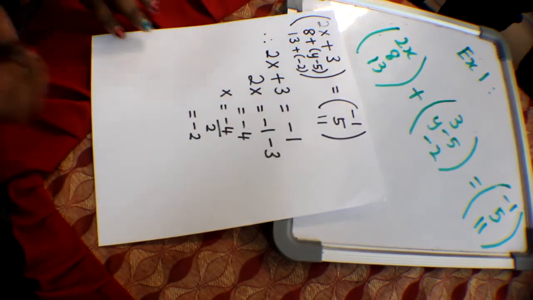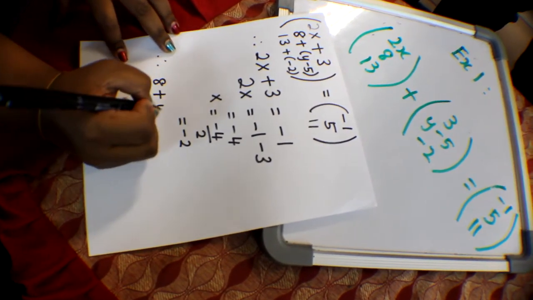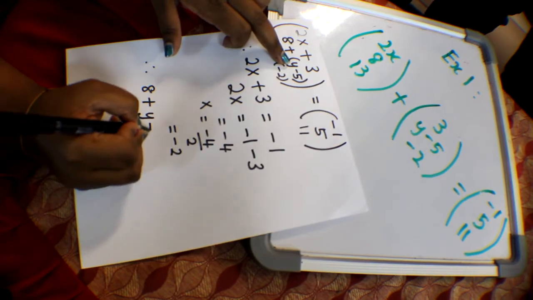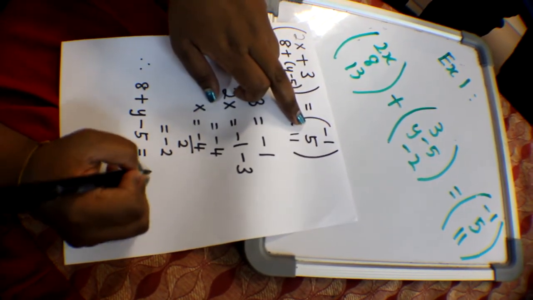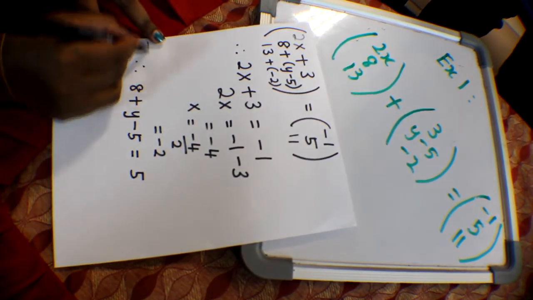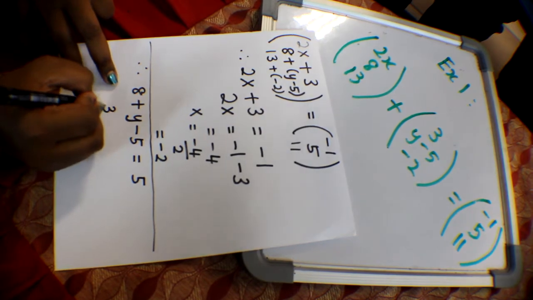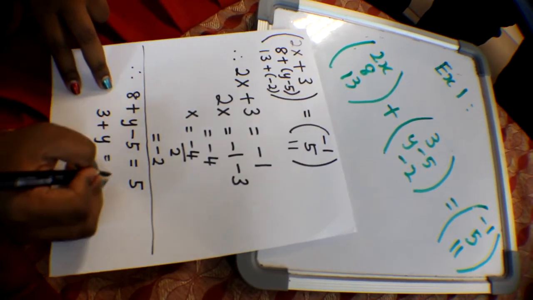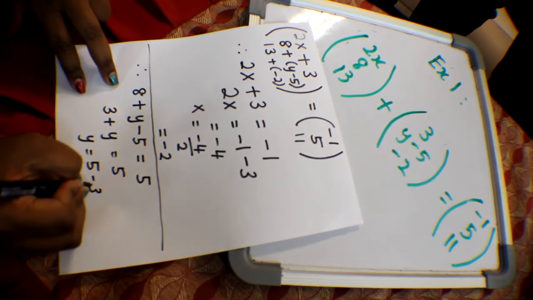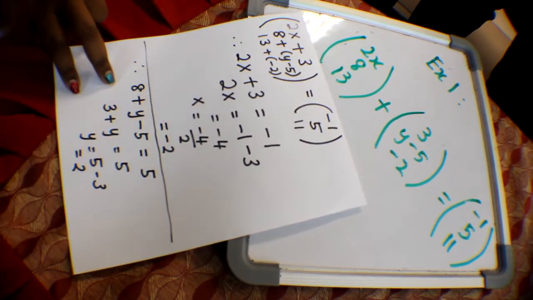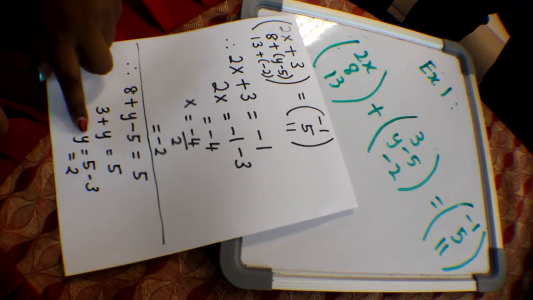Whereas, if I'm finding my y, 8 plus y minus 5 is actually equivalent to 5. That will give me 3 plus y equals to 5, and therefore my y will be 5 minus 3 equivalent to 2. So we have the value of our x, which is negative 2, and y, which is 2.